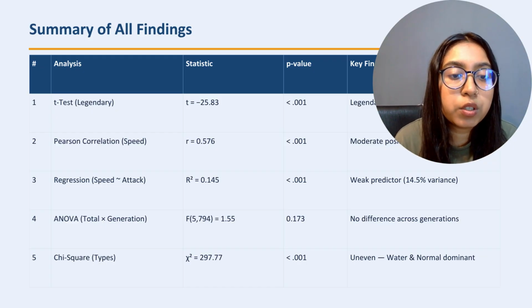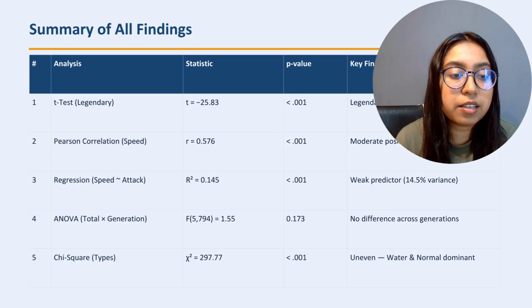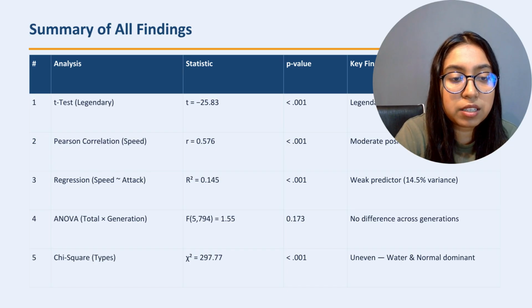The t-test showed the legendary Pokemon are significantly stronger with p less than 0.01. Pearson's correlation found a moderate positive relationship between speed and total. Regression showed the attack is a significant but weak predictor of speed. ANOVA found a significant difference in total stats across generations, suggesting good game balance.